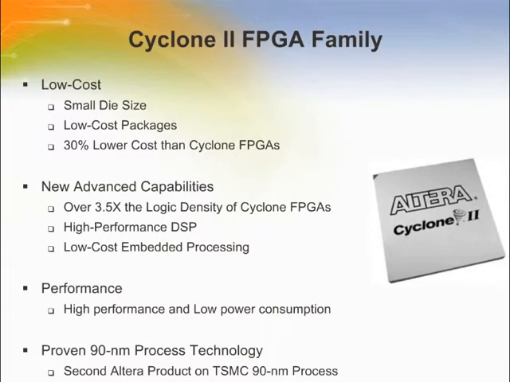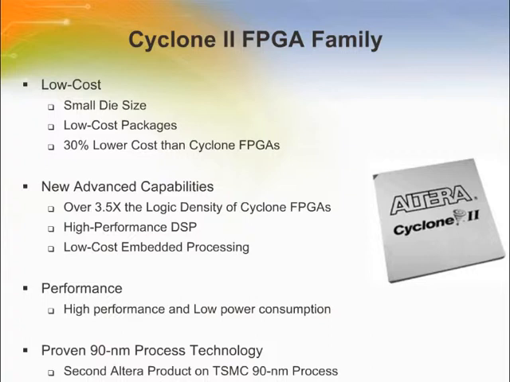Following the immensely successful first-generation Cyclone device family, Altera Cyclone II FPGAs extend the low-cost FPGA density range to 68,416 logic elements and provide up to 622 usable I/O pins and up to 1.1 megabits of embedded memory.